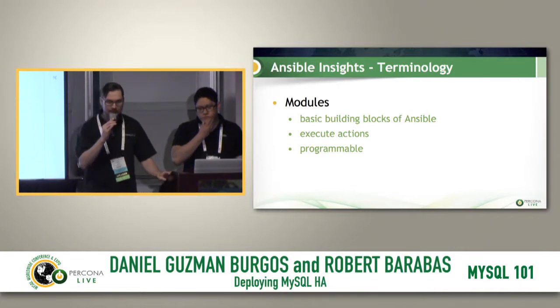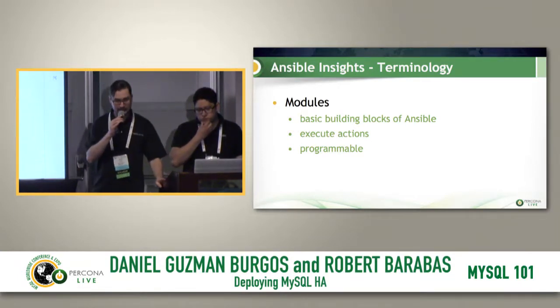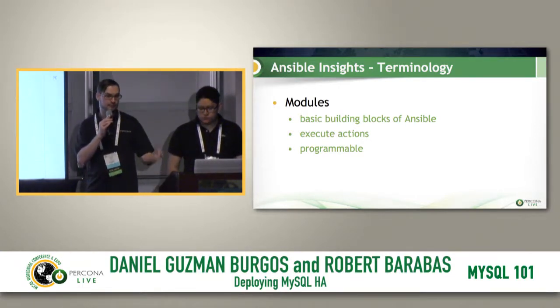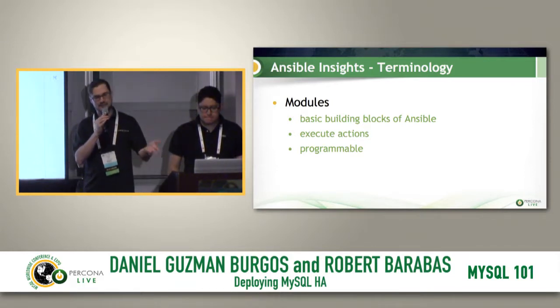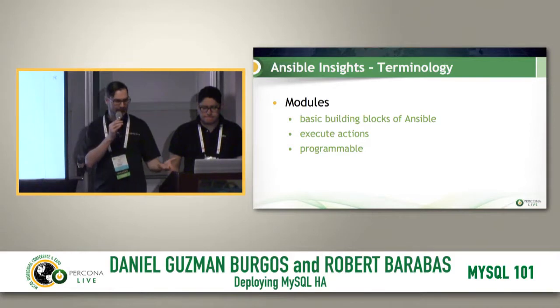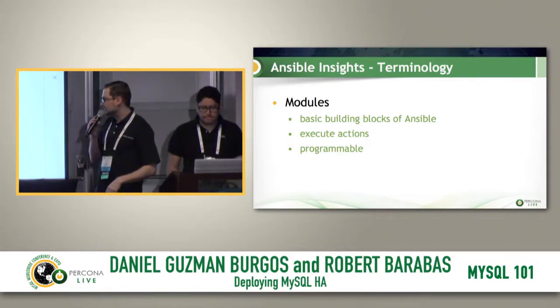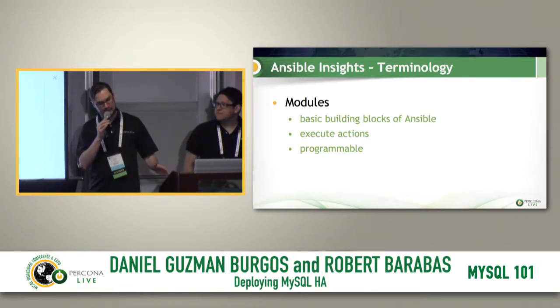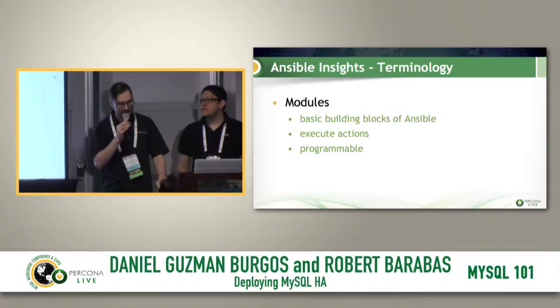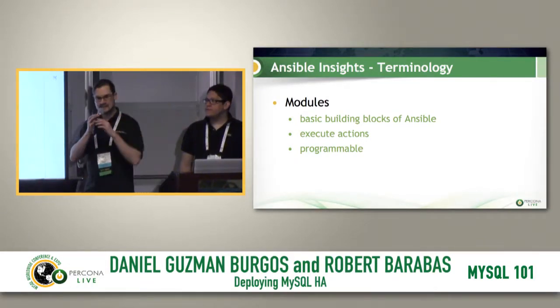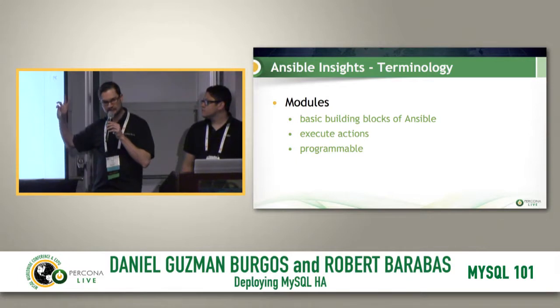So the question in the room is whether Ansible is similar to Puppet. Yes, it is. It's pretty much another configuration management tool. Puppet is Ruby-based. Ansible is Python-based. But other than that, the major difference here is that Ansible is trying to be idempotent. It runs these tasks normally sequentially.